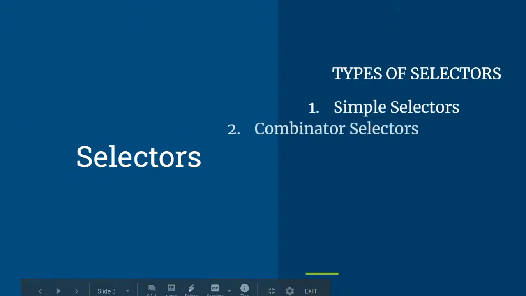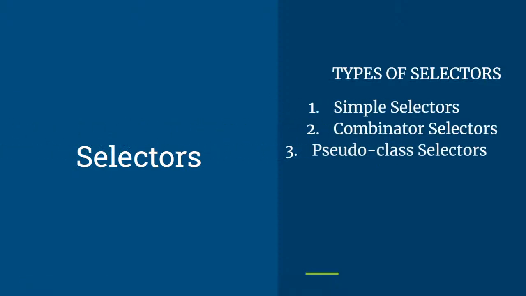So yeah, these two are covered, and the third one is pseudo class selectors. Pseudo class selectors are important. The CSS that we are using is CSS 3, but in earlier CSS, CSS 1 and 2, there were pseudo classes and pseudo elements, and they looked almost the same.